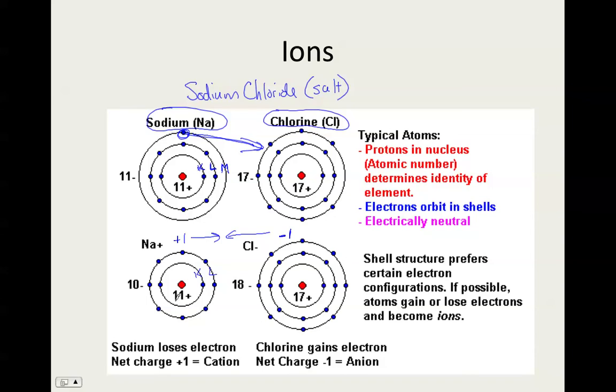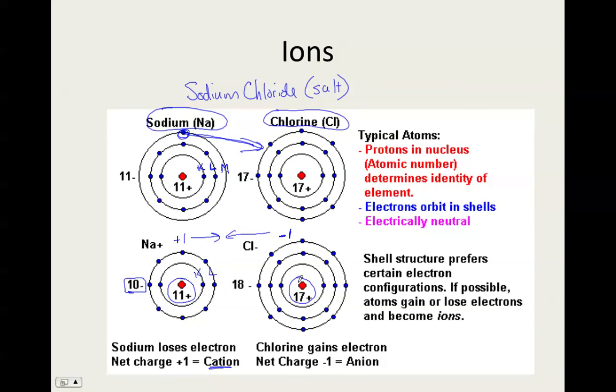If you count up the protons, because the protons and neutrons never change, the nucleus doesn't change in the formation of an ion. You still have 11 protons, which makes this sodium. But if you count up the electrons now, you only have 10 electrons. So 11 positive protons compared to 10 negative electrons gives you an overall +1 charge, which is called a cation.